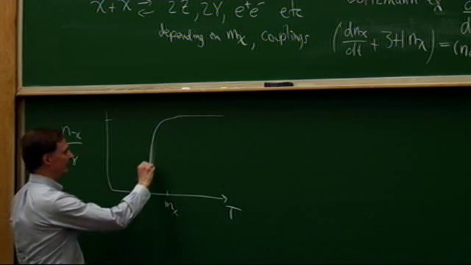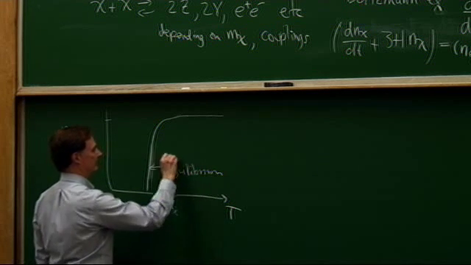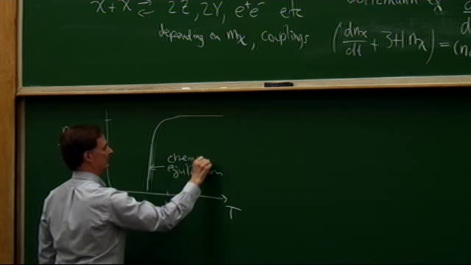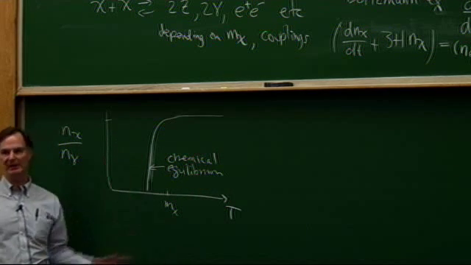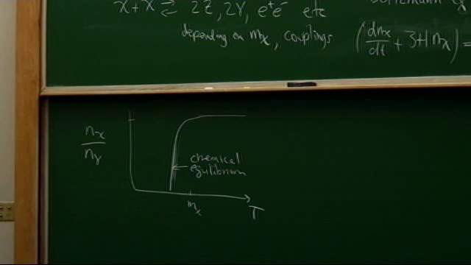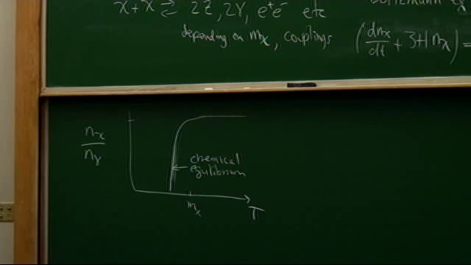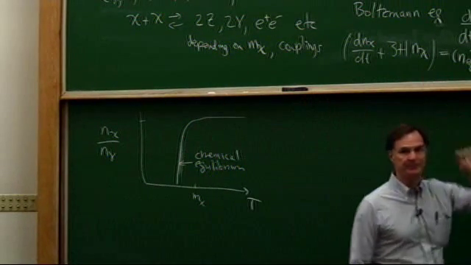So this is the chemical equilibrium curve here, and it's driven down by many, many orders of magnitude so that essentially the particles would completely annihilate and there would be no dark matter left today, except for the breaking of equilibrium.